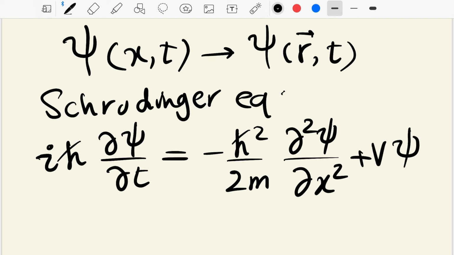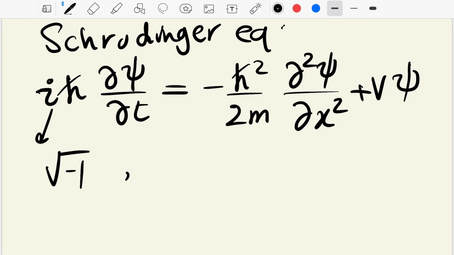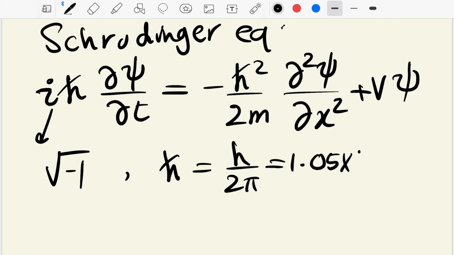In this equation, i is the square root of minus 1 and h bar is the Planck constant divided by 2 pi, which is 1.05 times 10 to the power of minus 34 joule second.